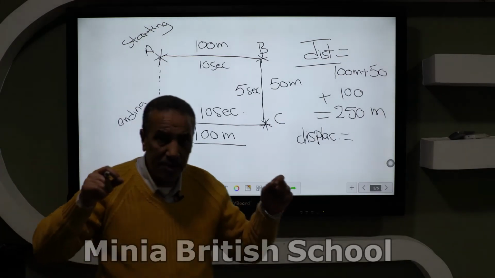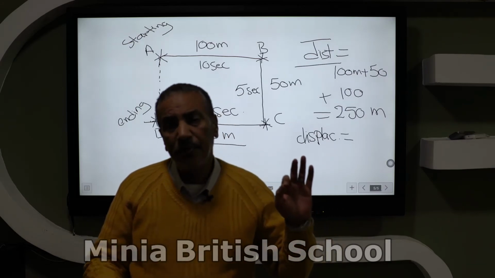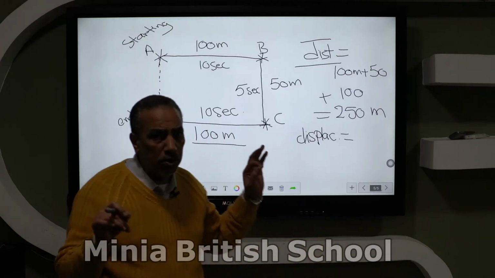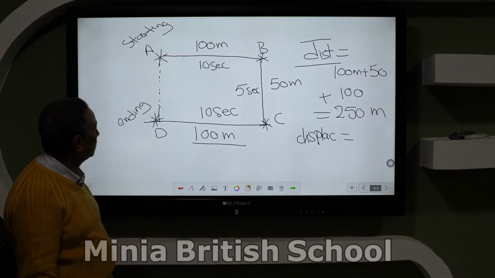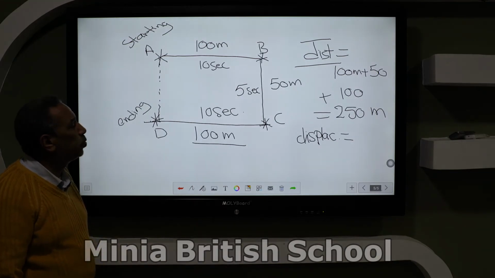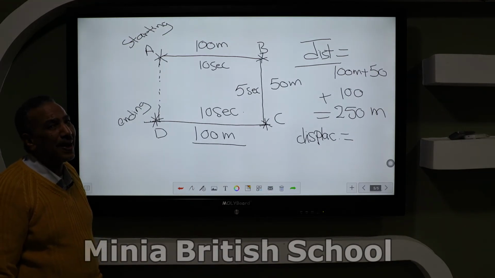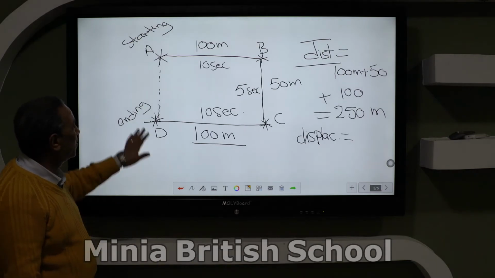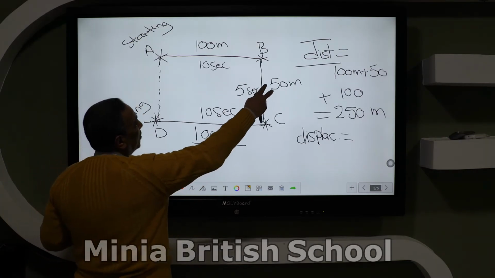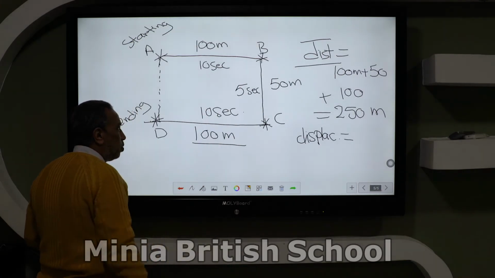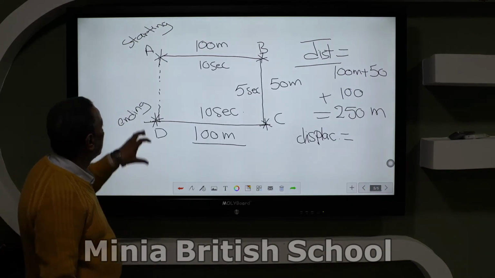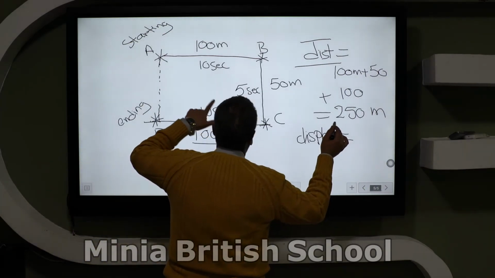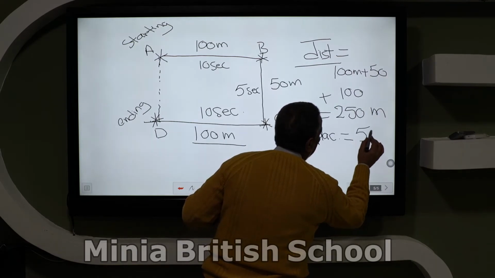Just join the starting point and ending point with dots like that, and the distance between them will be the displacement. So the displacement here will be the same here because this one is like a rectangle. So displacement is equal to 50 meters.